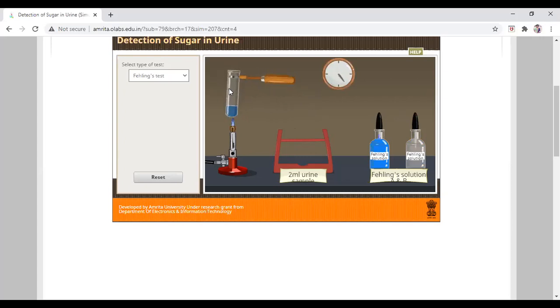It should turn green. Yeah, now it is turning green or yellow.